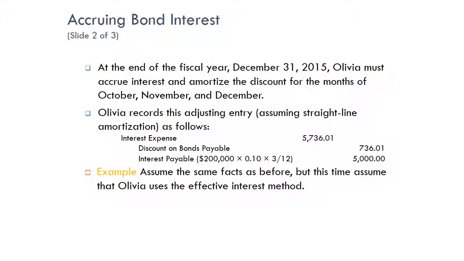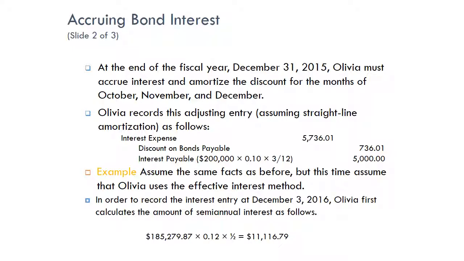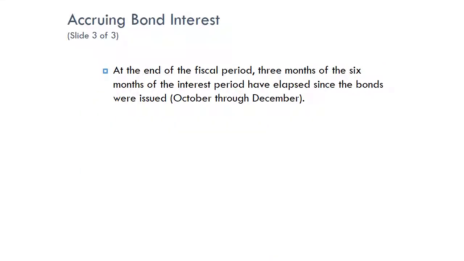Assume the same facts as before, but this time assume they use the effective interest method. Now, I guess it's not harder. You just have to think about your computations. We would take the carrying value of the bond times effective interest rate of 12% times 1/2. That's how much interest expense there would be for 6 months.